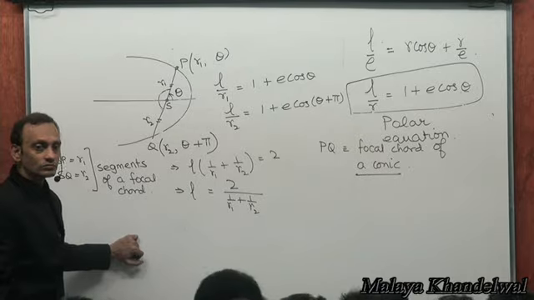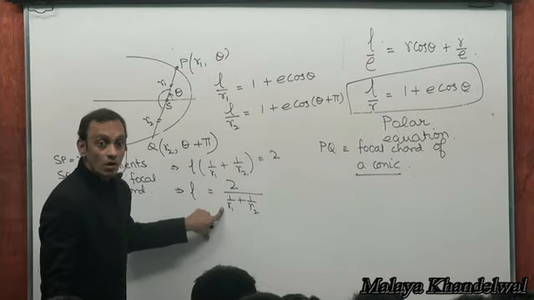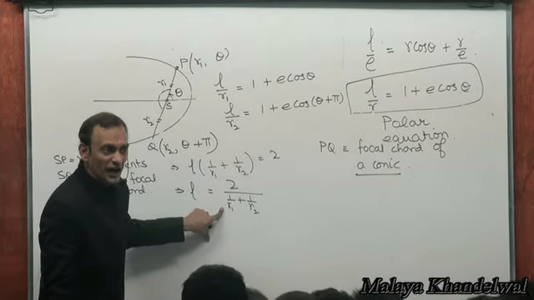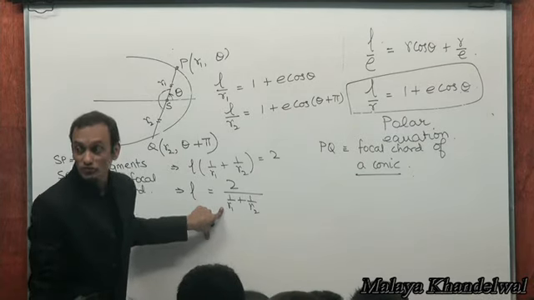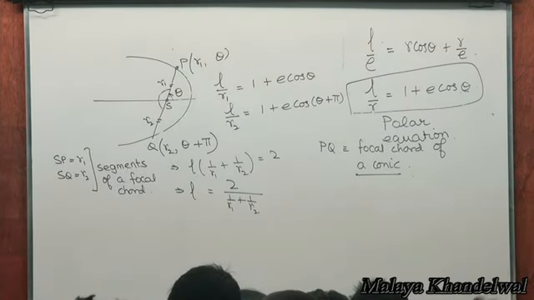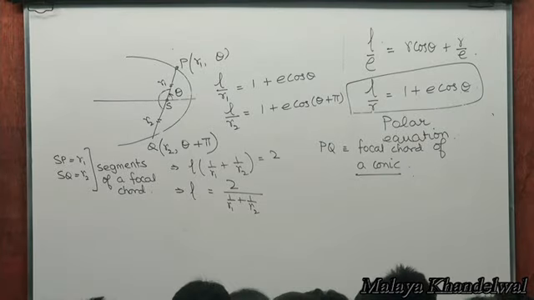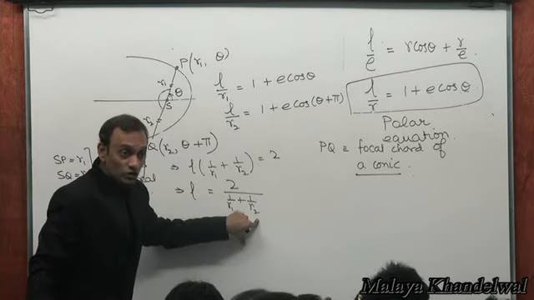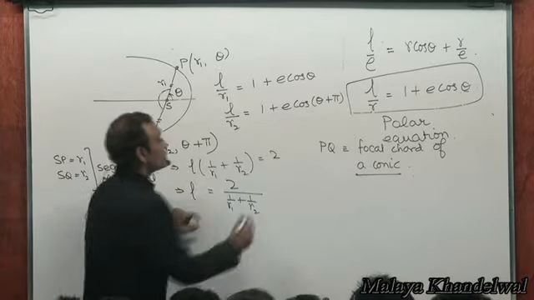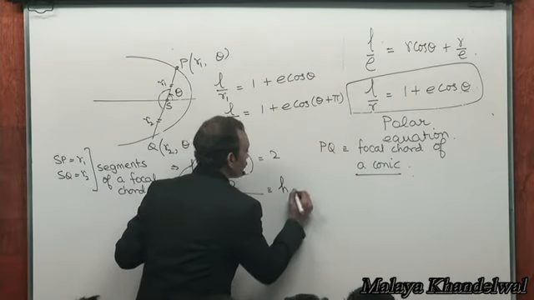What is this? This is the harmonic mean of R1 and R2, the segments of a focal chord.